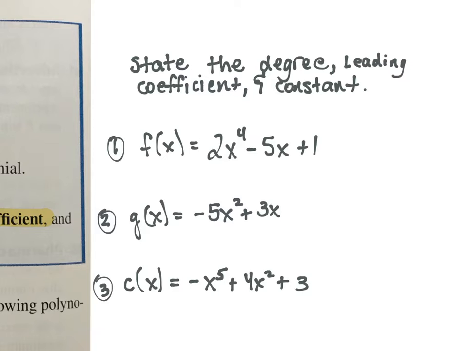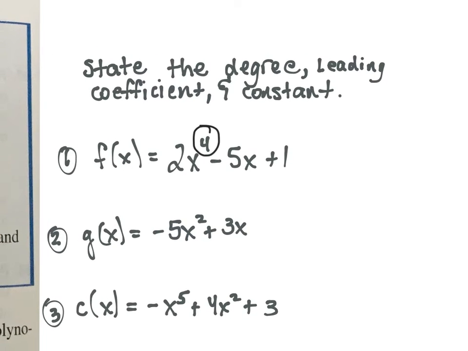So if you have questions like this, it says state the degree, the leading coefficient, and the constant. First look and see, is this in standard form? Is the biggest exponent first, and then it goes down in descending order? Yes or no? Yes. So I would say, okay, the highest exponent is the 4. So the degree would be 4.